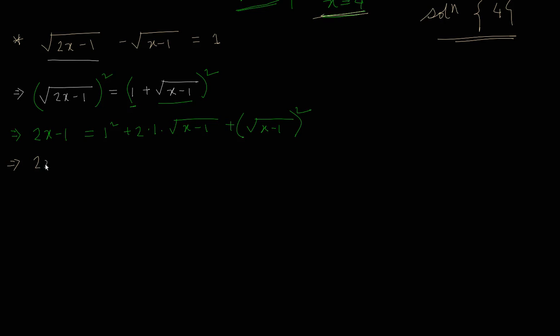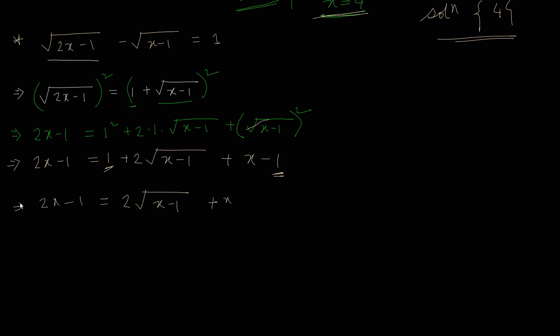So I have 2x minus 1 equals 1, plus 2 square root of x minus 1, plus this square root and this square cancel out, so it is simply x minus 1. Let's see if we can reduce something. This plus 1 and this minus 1 cancel out, so I am left with 2 square root of x minus 1 plus 1, and on this side 2x minus 1.